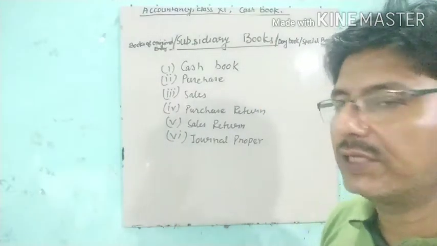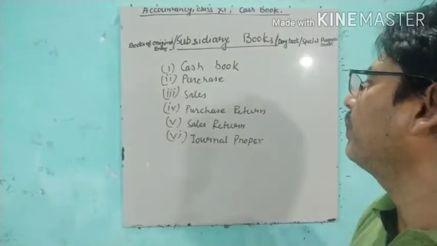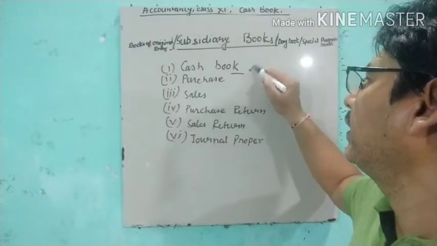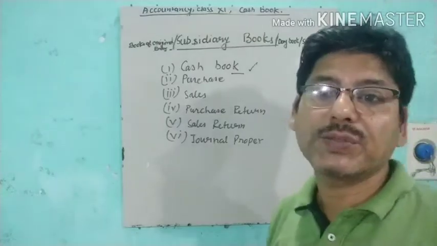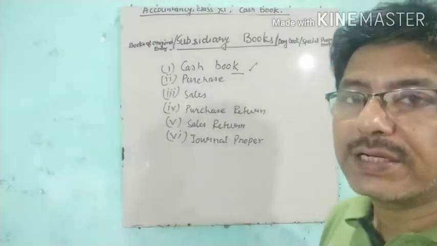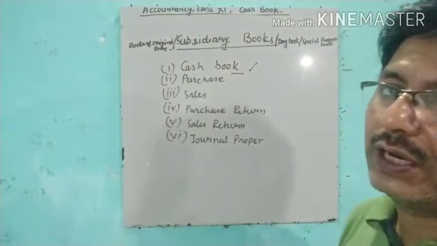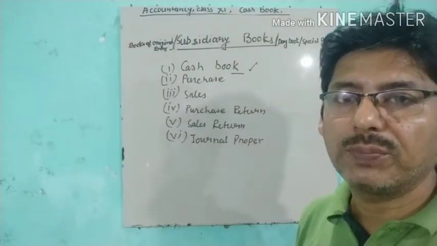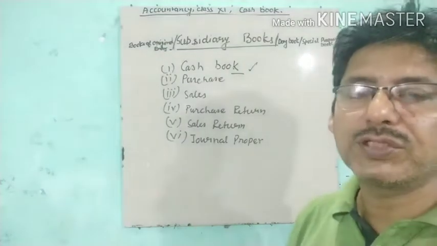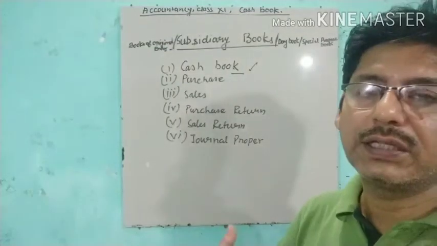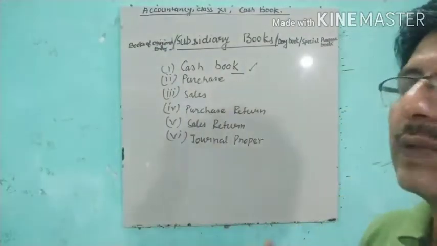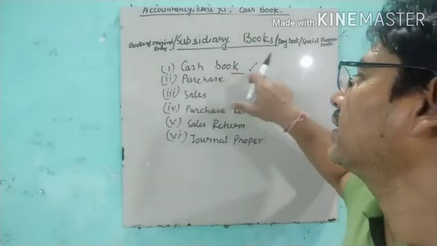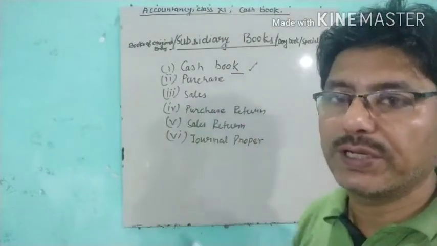Along with that, we know how much cash balance there is. Bank transactions are also recorded: how much amount is deposited into the bank, how much is withdrawn, how much a customer has deposited, and what the bank balance is. So for the cash balance and bank balance, the cash book is maintained.